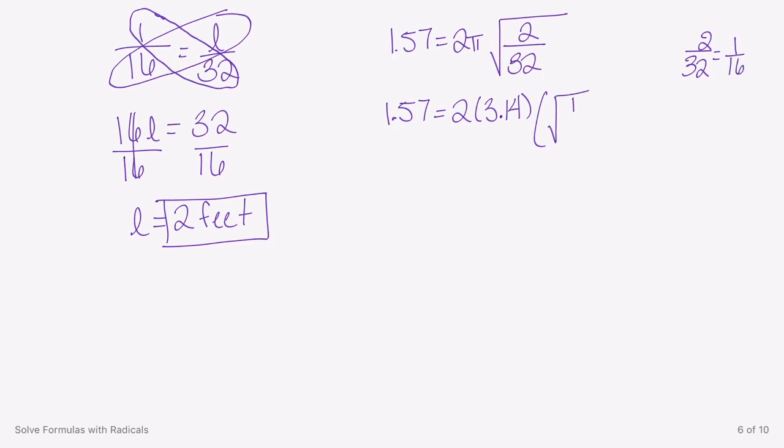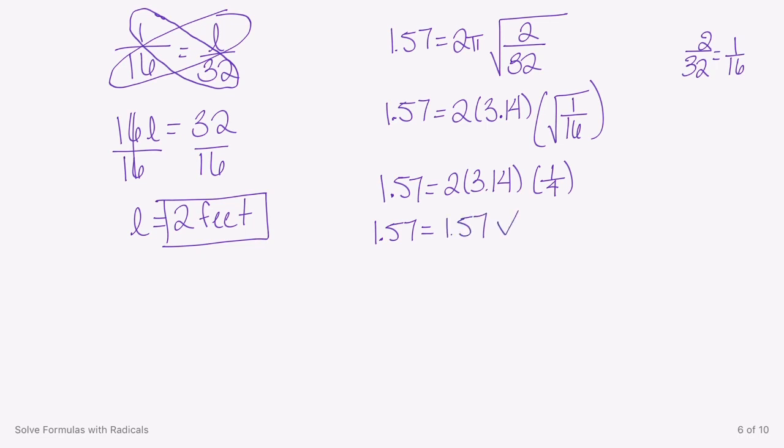So that's the square root of 1 over 16, which is 1 over 4. If I multiply that all out, I find that 1.57 does in fact equal 2 times 3.14 times 1 over 4, which is 1.57. So that answer is correct. And 2 feet is a reasonable length for a pendulum, right? So I know that my answer is reasonable given the context of the problem.